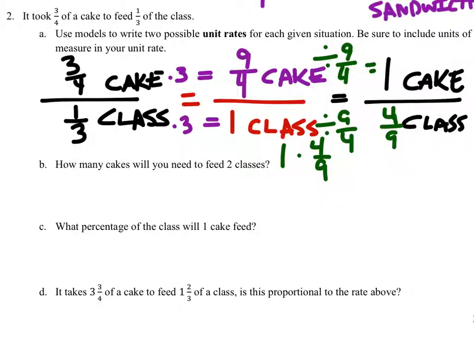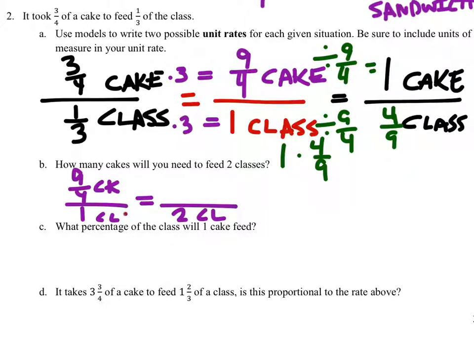So how many cakes would we need to feed two classes? Yeah? 18/4. Correct. Very good. Which unit rate would we use? Would we use the one class unit rate or the one cake unit rate? The one class. Very good. So right there we'd get 9/4 cakes to one class. And we want this to be two classes.